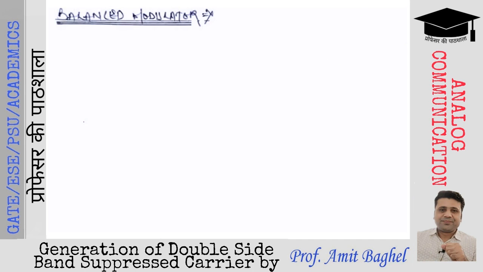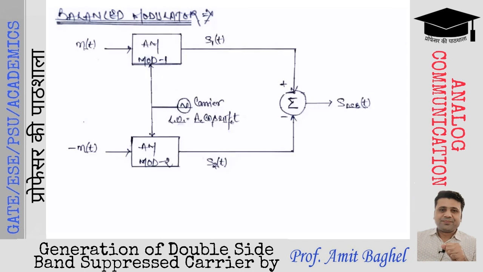Let us observe this. This is the block diagram of the balanced modulator. It consists of two standard AM modulators. So we have standard AM modulator 1 and standard AM modulator 2 in case of the balanced modulator.